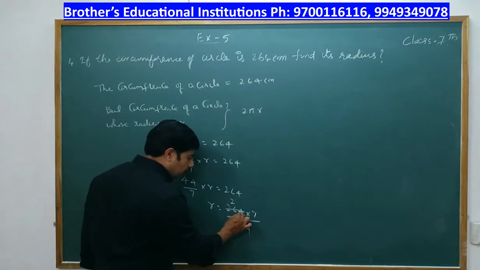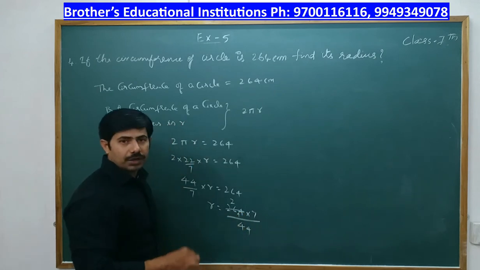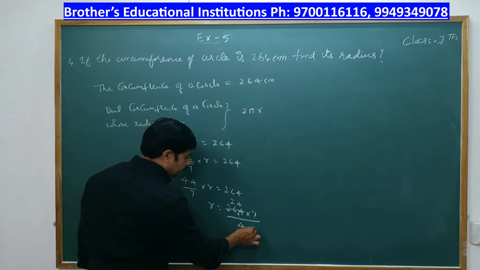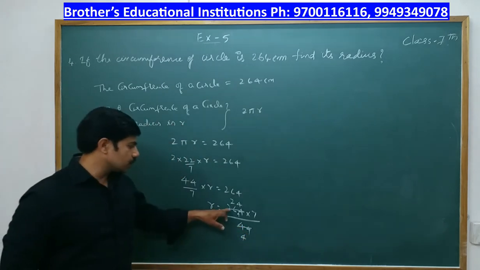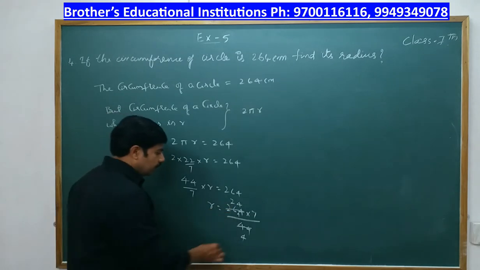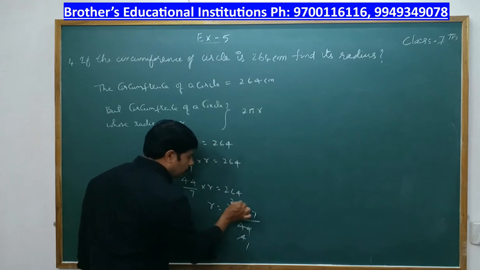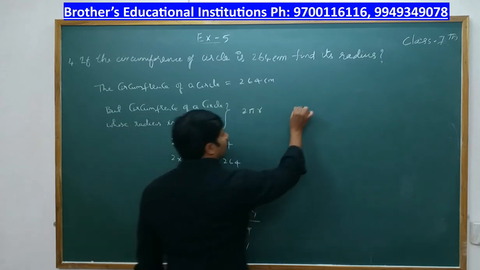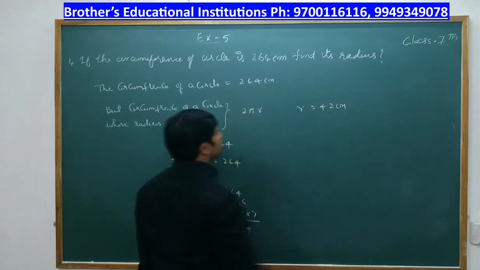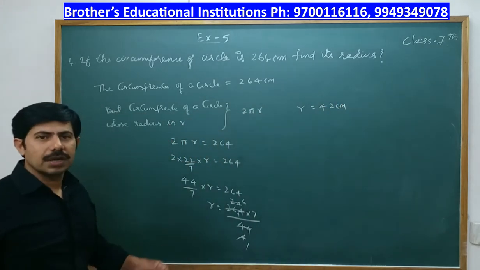So 4, write it here. 4 4 will become 44. So we write 11 4s are 44. That means 11 goes 24 times in 264, and 11 goes 4 times in 44. Then 4 1s are 4, 4 6s are 24. So the value of r is nothing but 42 centimeters. Okay, so this is completed.